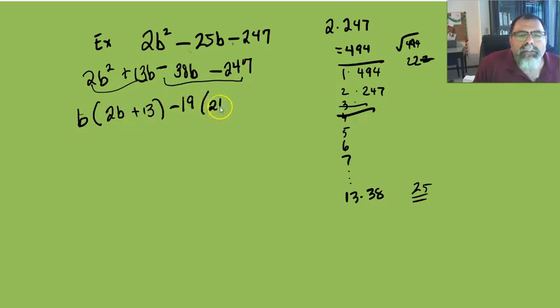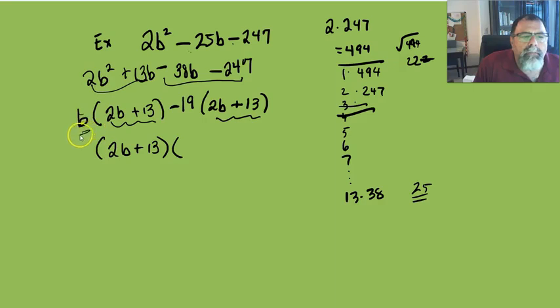Because we want to match that parenthesis. And then we're taking out a negative, so negative, negative makes positive. And then you can see the parentheses match. So you get 2b plus 13, and then what's left over is the b minus 19.